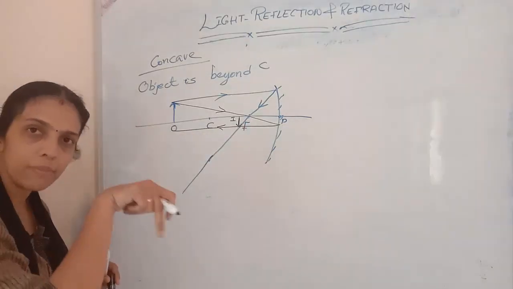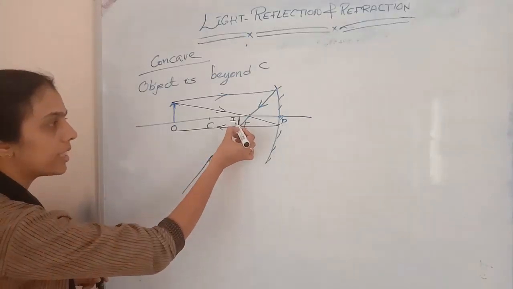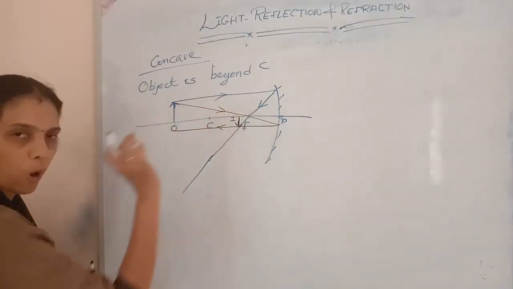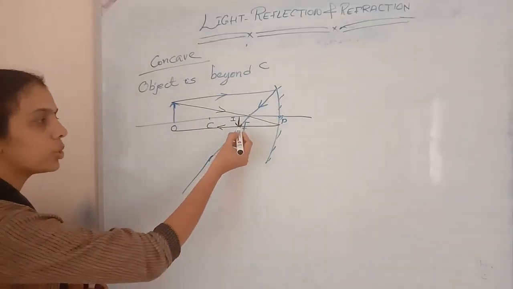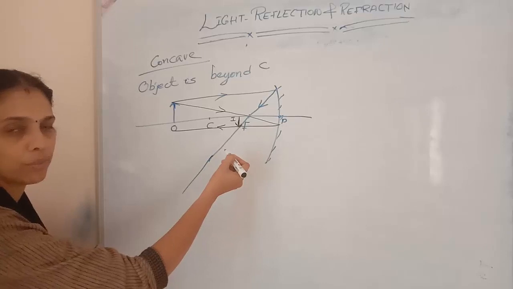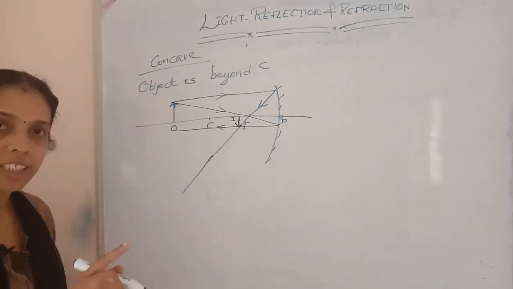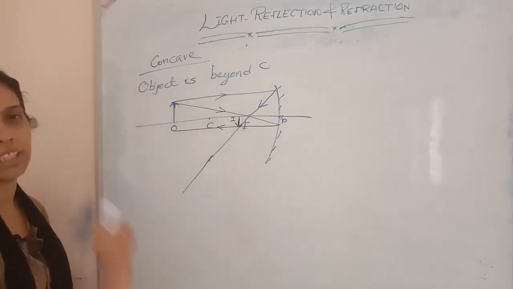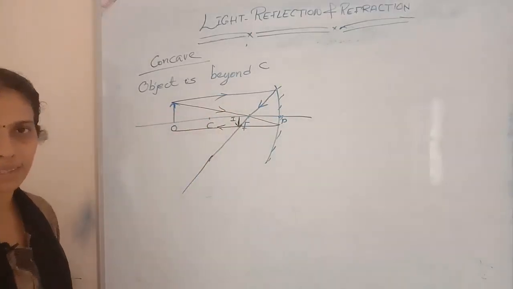It is an inverted image, and it is smaller in size. So it is a diminished image, since these two rays are actually meeting at one point, right? So we can say it is real, inverted, and diminished. What is the position? Between F and C.